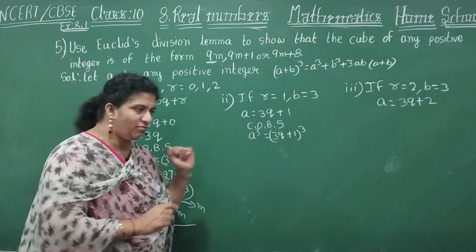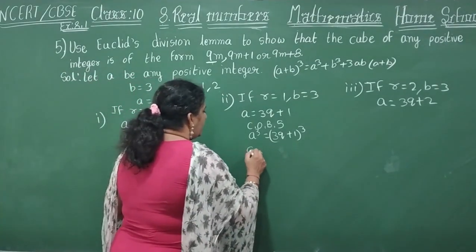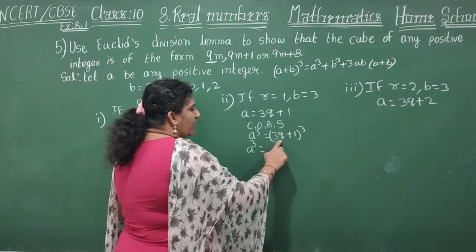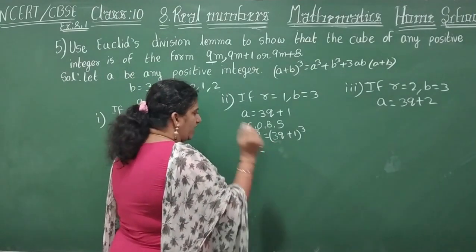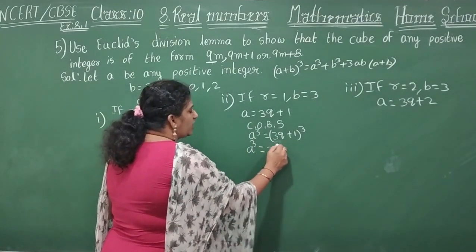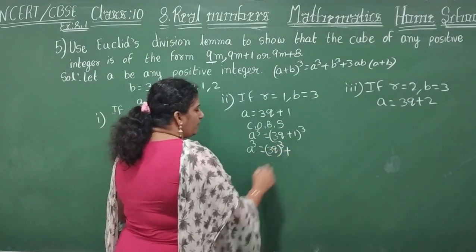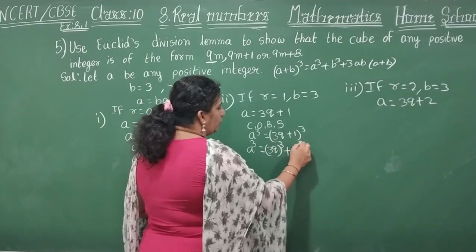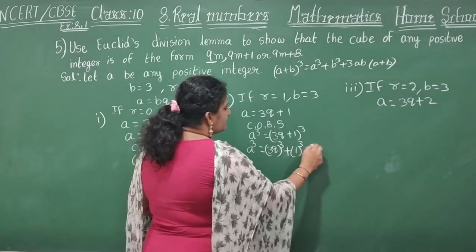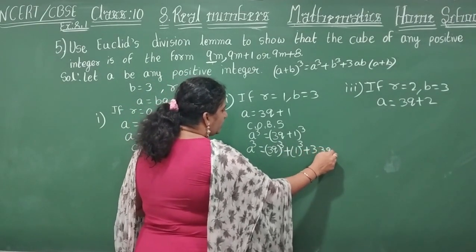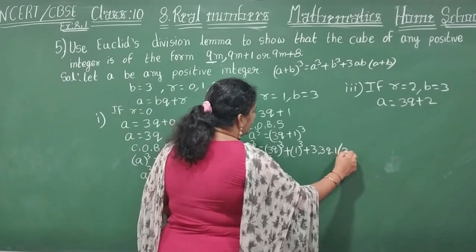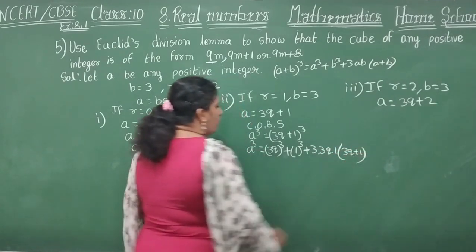Let's substitute that formula here. a cube is equal to, a value was 3q, b value was 1. That is 3q whole cube plus b cube, that is 1 cube, plus 3ab, 3 into 3q into 1 into 3q plus 1.